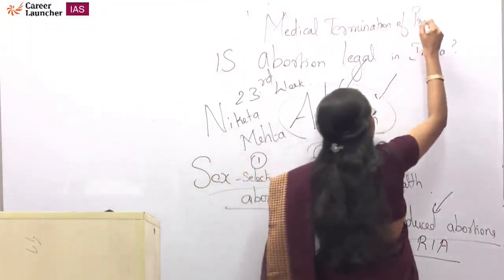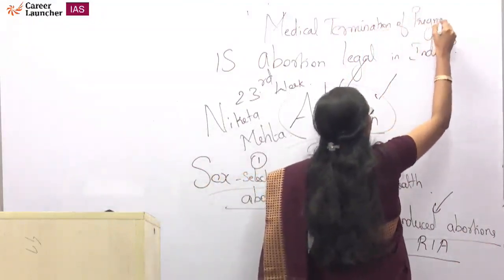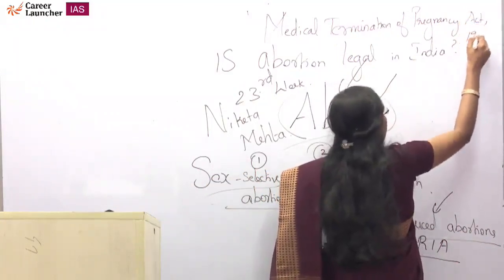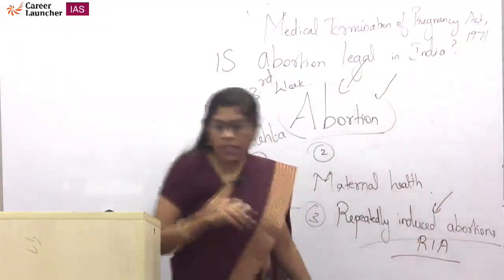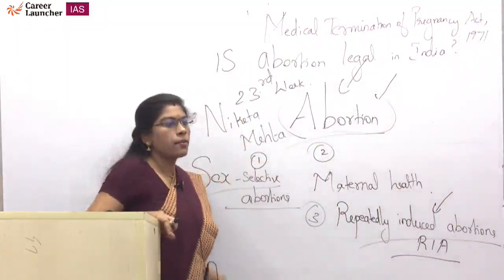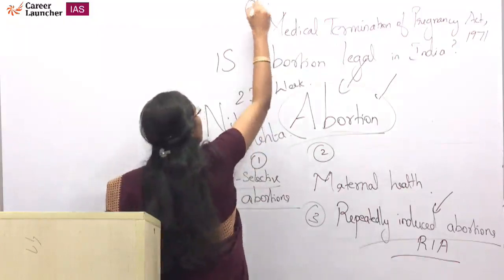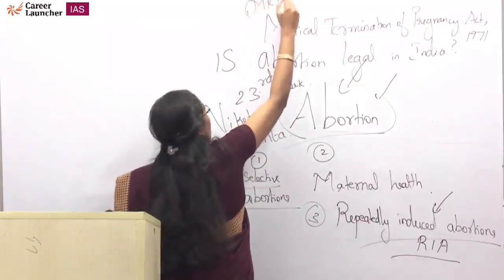When you are writing your answers, you have to give it like this. Medical Termination of Pregnancy Act 1971, I hope so. We call it in short form MTP Act.